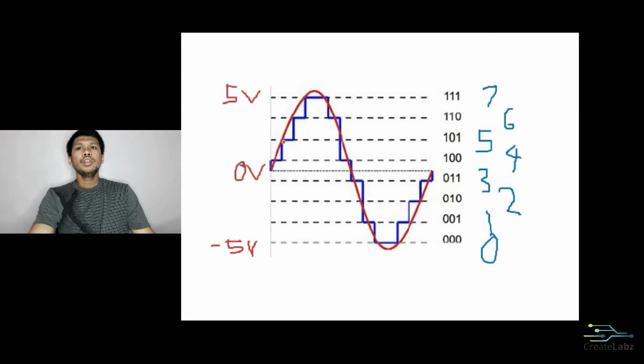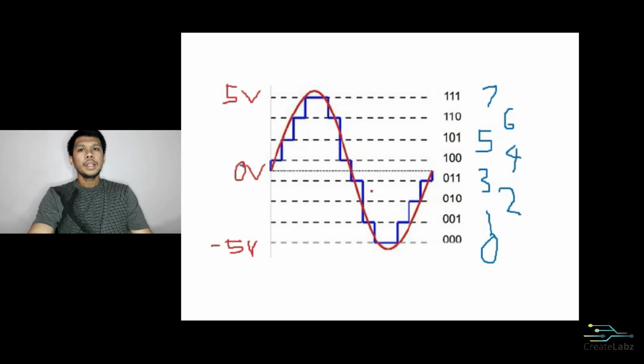Let's say this is around 2 volts in analog terms, the red line. If converted to digital, this is 101 or 5. Let's say I take the value at this point. In analog terms, this is around negative 4. Let's just assume, not to scale. And then the digital equivalent is 0, 0, 1 or 1.